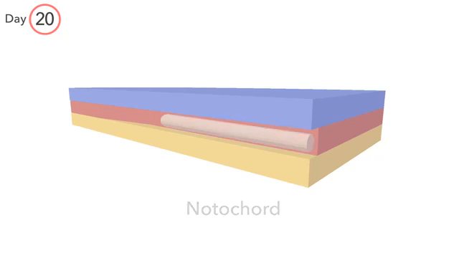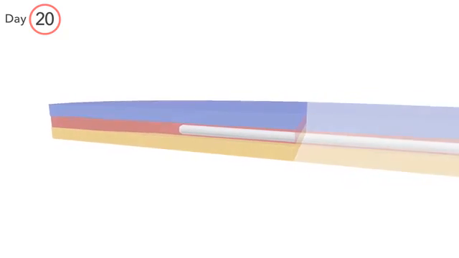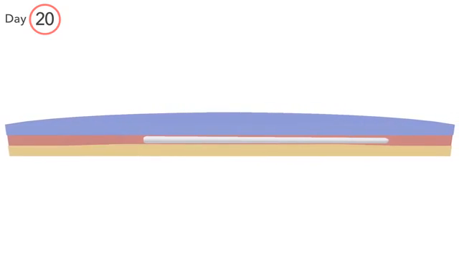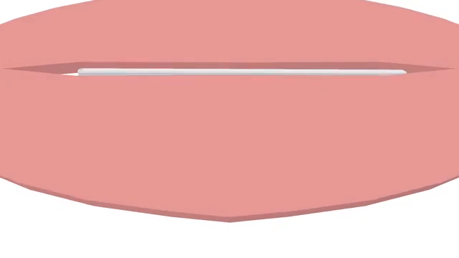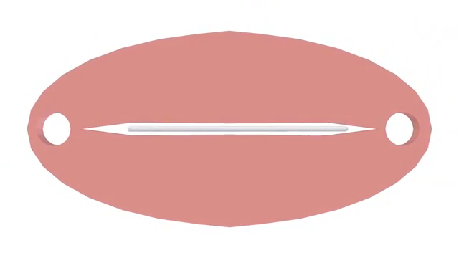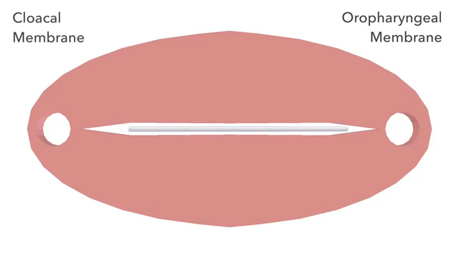Noto is Greek for back, and the notochord acts as the structural backbone of the developing embryo. By this stage, intraembryonic mesoderm fills almost all the space between the ecto and endoderm. Apart from the space the notochord occupies, it is absent also at the oropharyngeal membrane, located where the prochordal plate once was, and the cloacal membrane.